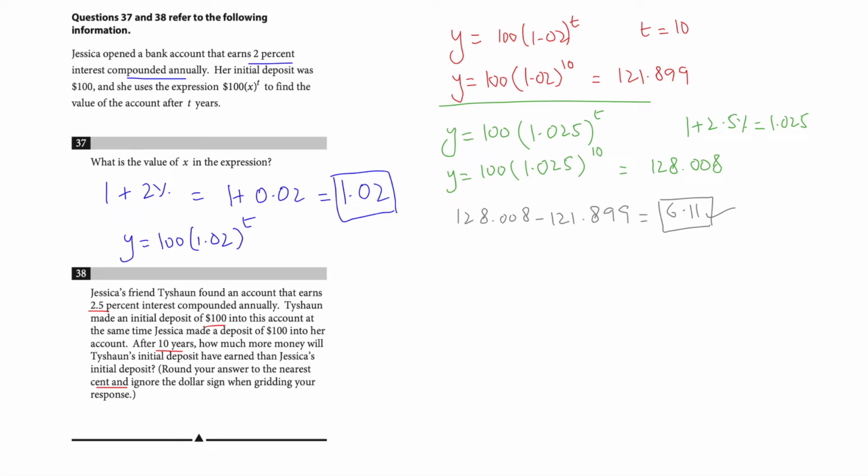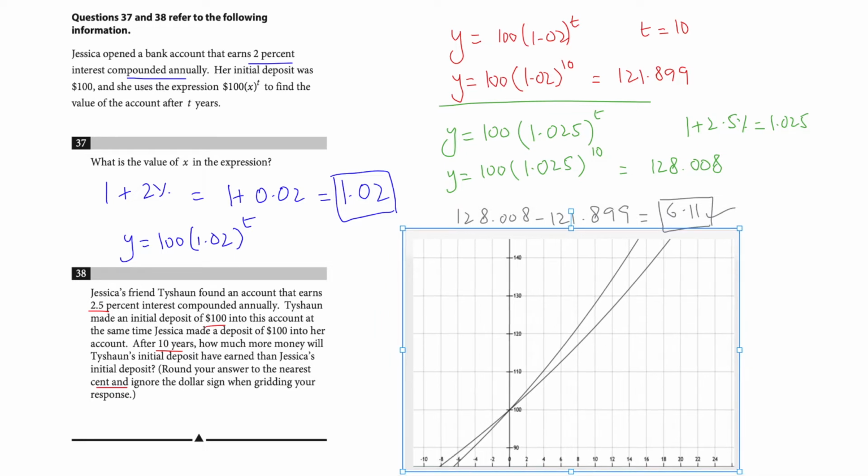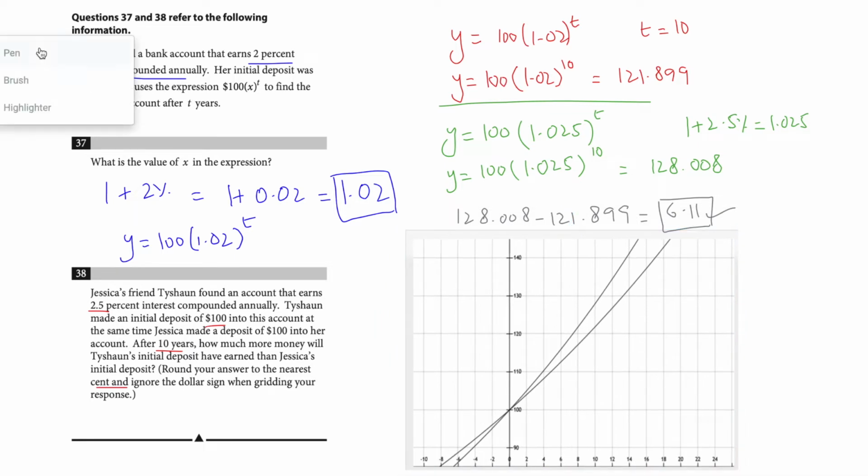And if you look at the graphs, they basically look like this. Let me bring this graph a little down. Yes. So which one is Jessica's graph and which one is Teshun's graph? Obviously, Jessica's graph will be lower because she's earning less. This is Jessica's graph and this is Teshun's graph.